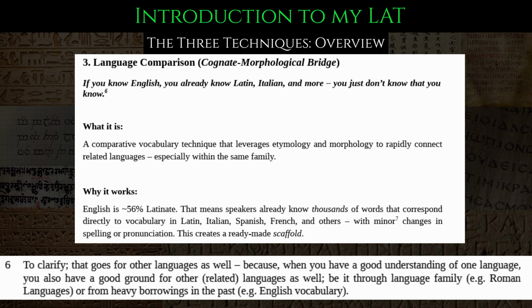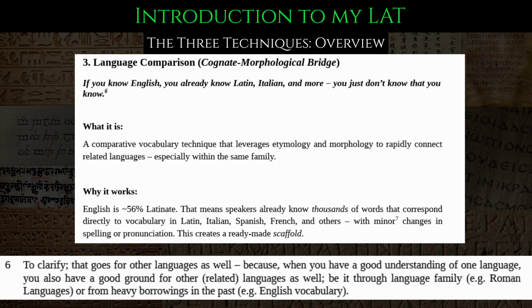So, again, taking English as the example here, let's look at why it works. You see, English is roughly 56% Latinate, meaning it has quite a lot of Roman-influenced vocabulary, yet it is still a Germanic language though. As I said, English is rather unique in this case.